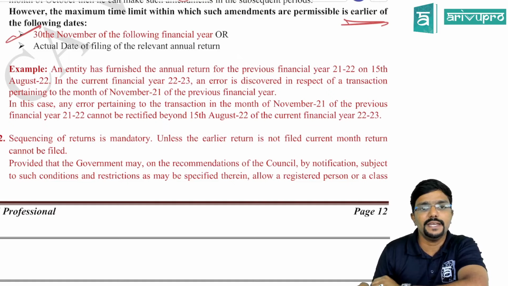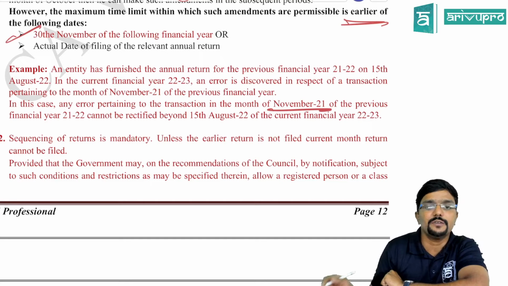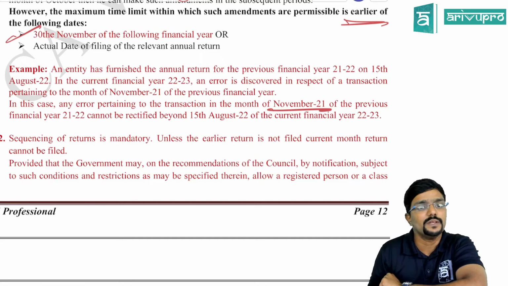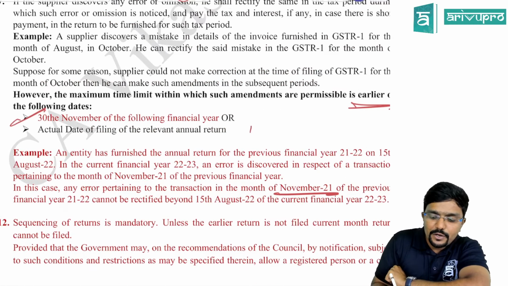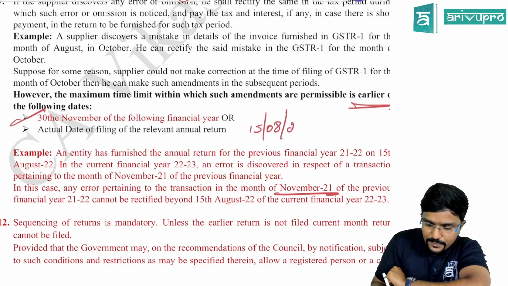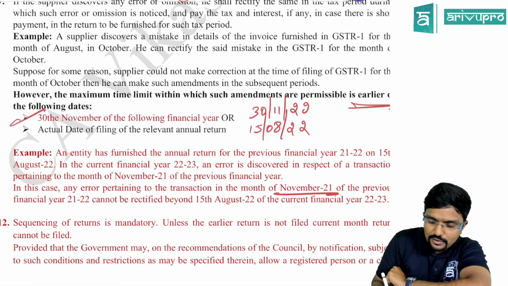In this case, any error pertaining to the transaction in the month of November. So, the error is related to which month? November 21 of the previous financial year 21-22 cannot be rectified beyond what date? Okay, so here, on what date have you filed your annual return? 15th August 22. Then 30th November of next financial year means 30th November 22.